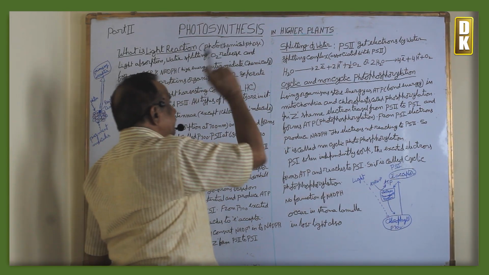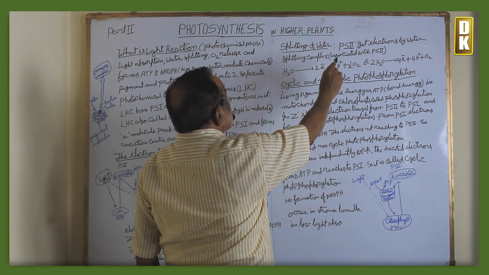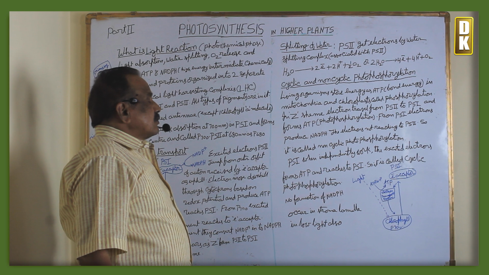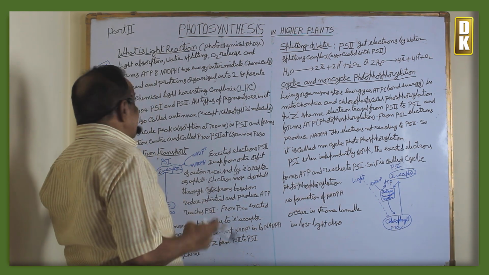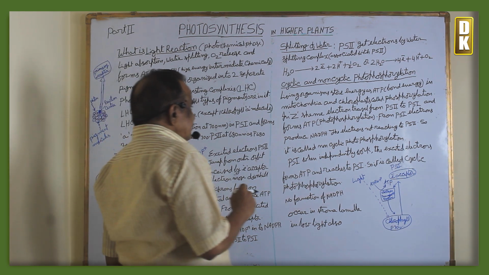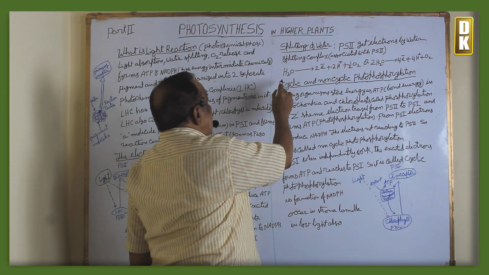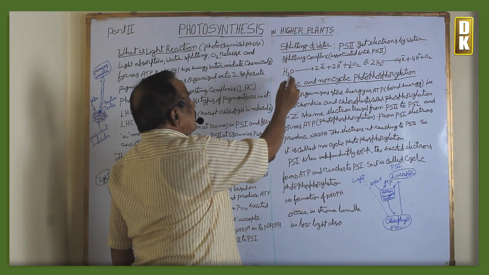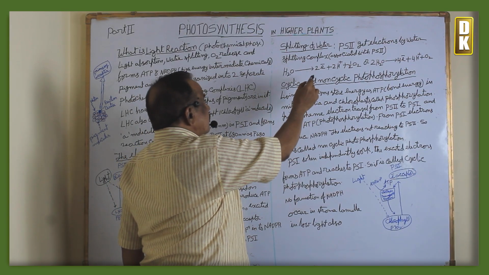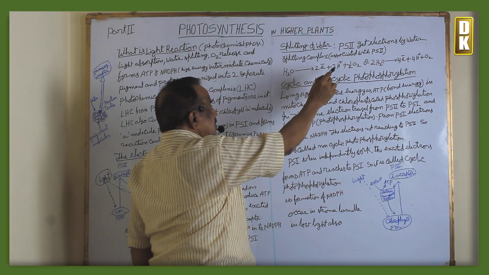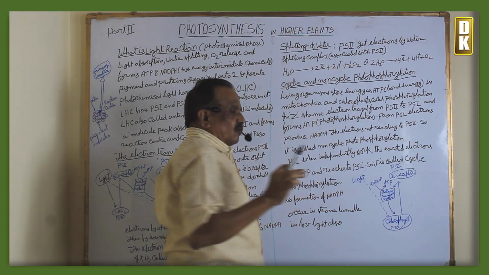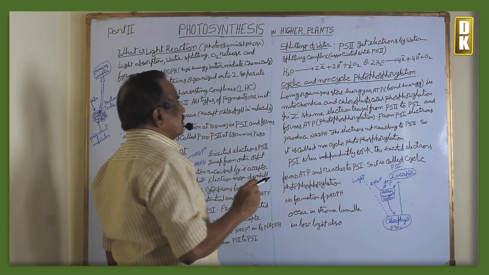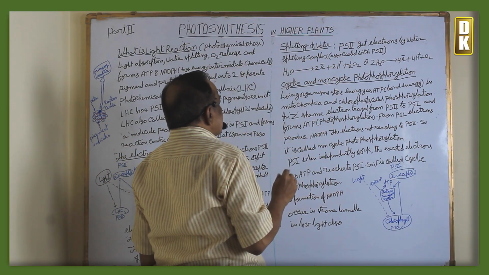Photosystem 2 gets electrons by water splitting, that is, the reaction center will get them. How will it get them? This equation is given in your textbook also. A water molecule will be split into 2 electrons, 2 protons and half O2, meaning 1 oxygen atom. Remember this point, an atom will be produced. Half O2 means an atom.